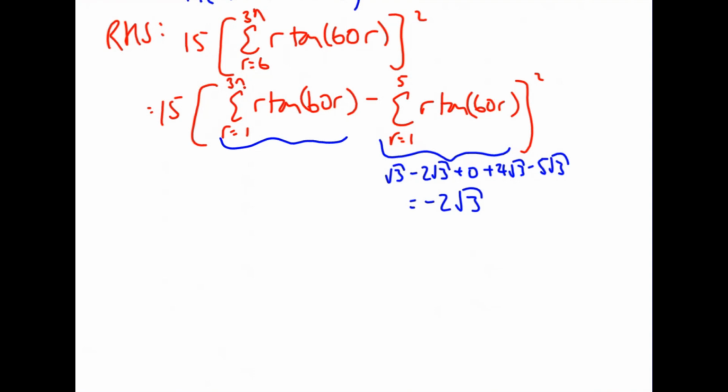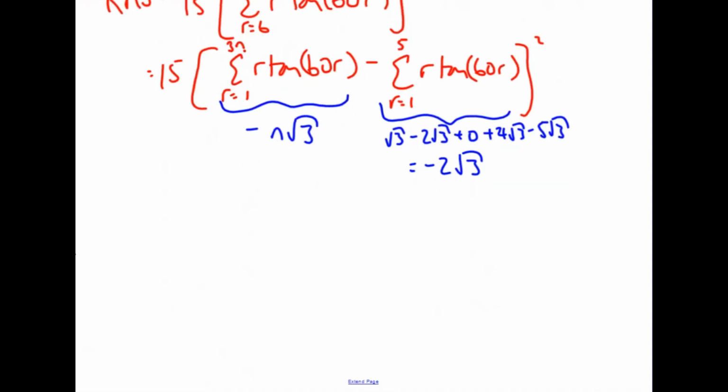This bit here is the result from part B, which is minus n root 3. In this case, we've got 3n on it. This needs squaring. So what we've got is 15 times 2 root 3 minus n root 3 squared.